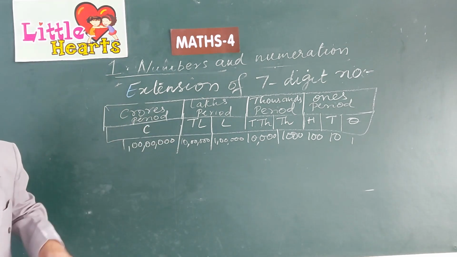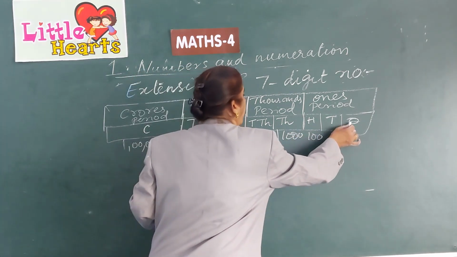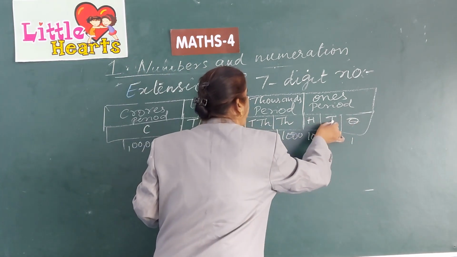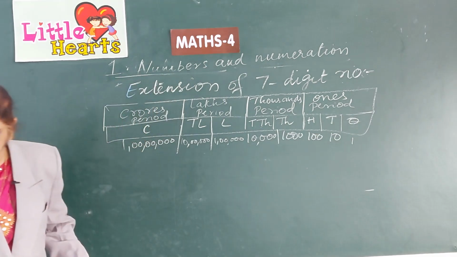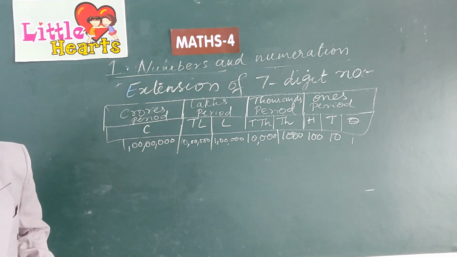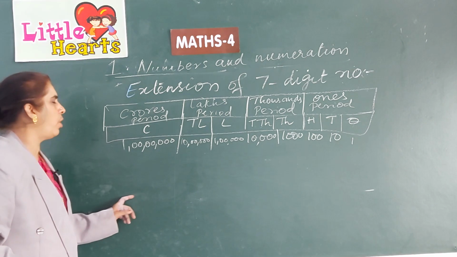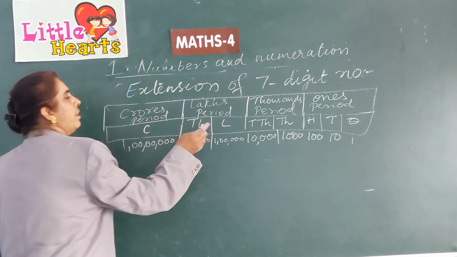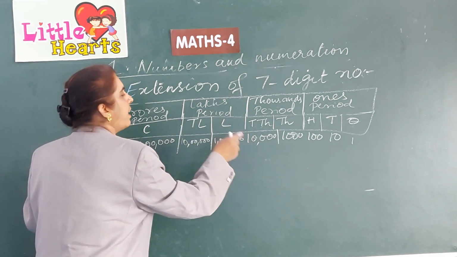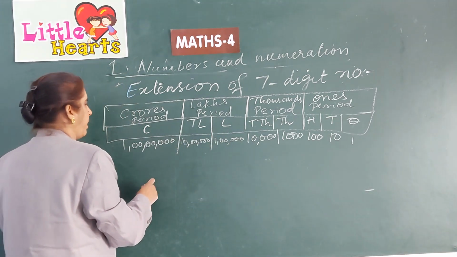So, each place is increasing by 10 or multiplied by 10 to get the next place. Commas are placed after every 3 digits first, and next after every 2 digits.